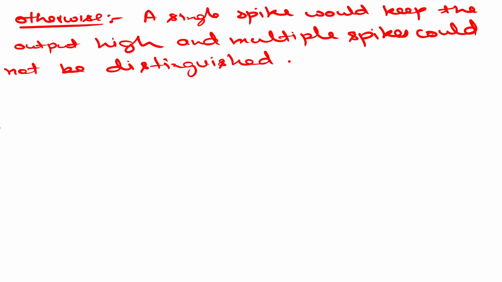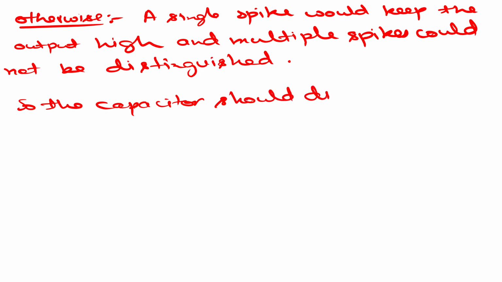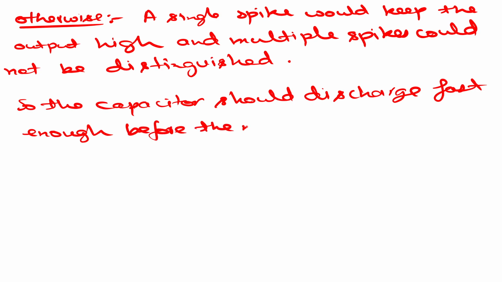So the capacitor must discharge fast enough before the next spike. In the given question, this time period T is the period between the spikes, not the time period of the signal.